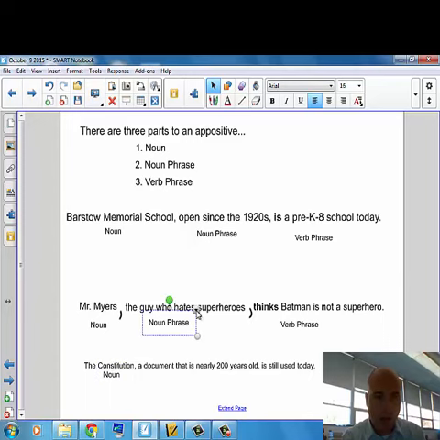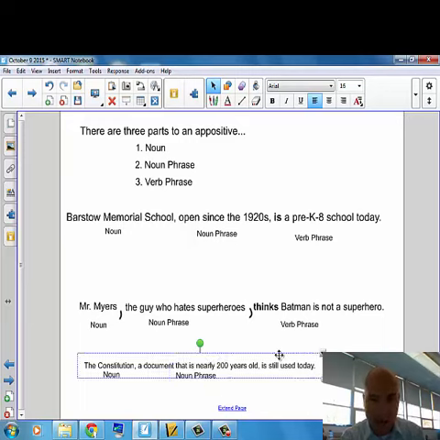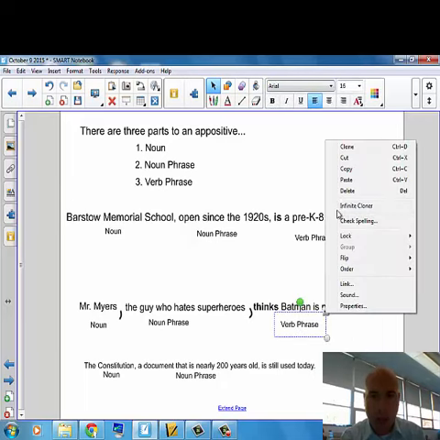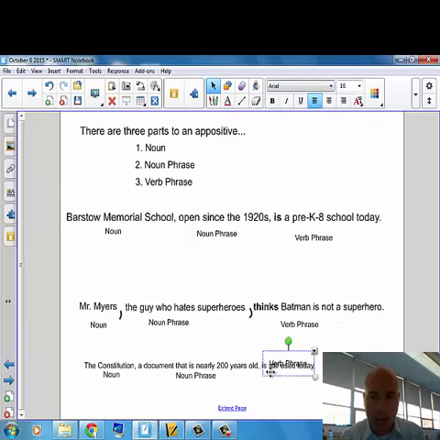I've got my noun phrase, which is a document that is nearly 200 years old, and I've got my verb is, and that is my verb phrase. So we have to identify these pieces. We have to know verbs, everybody. We have to know what a noun is. And if we can't, we're going to struggle with this.